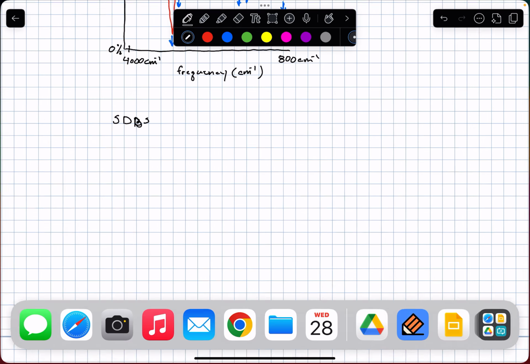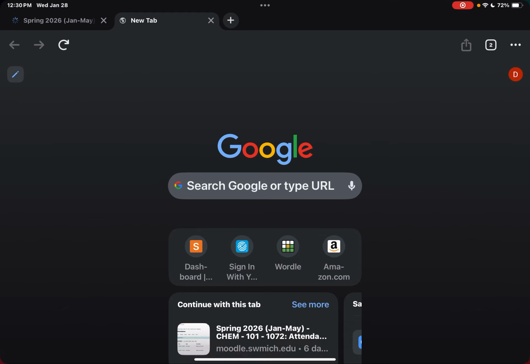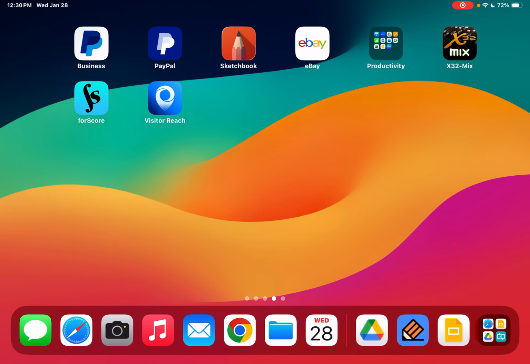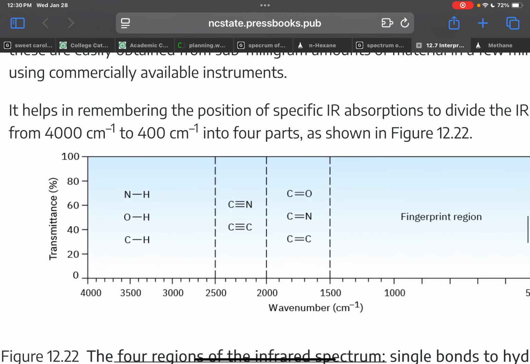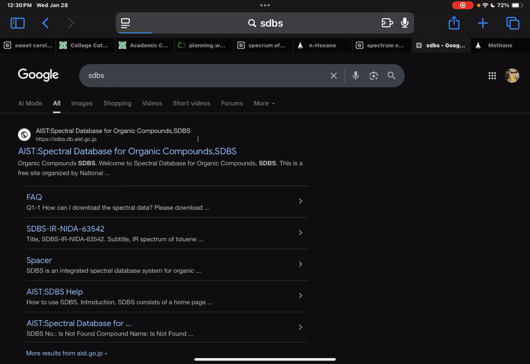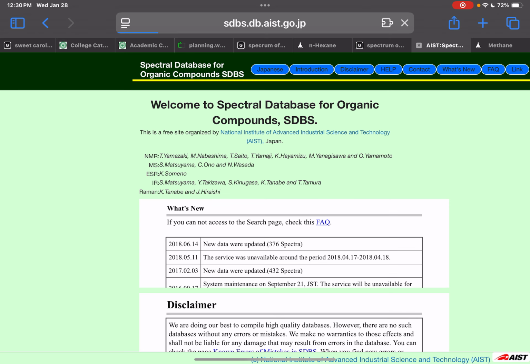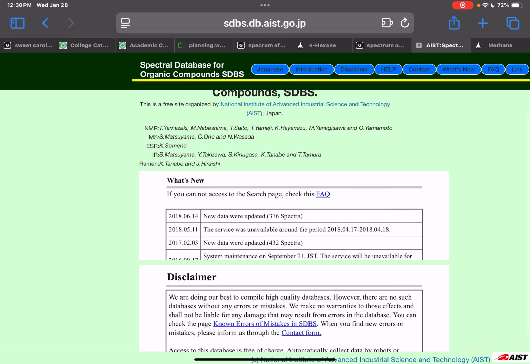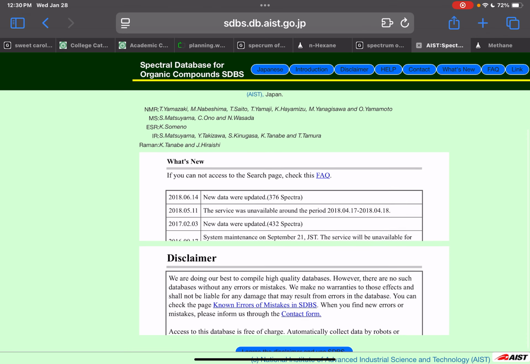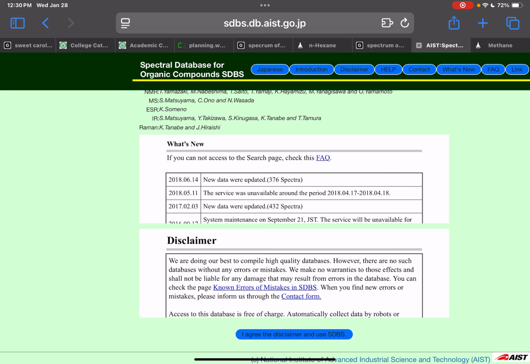Now if you go there and you type that into your search engine, there it is. It's going to bring up a very valuable organic compound database that's centered in Japan. These folks are very careful about trying to avoid having people upload all their data, so don't try to download too many things at a time.